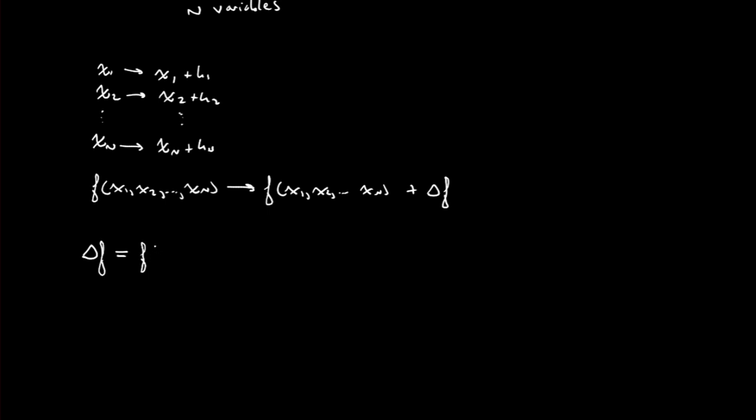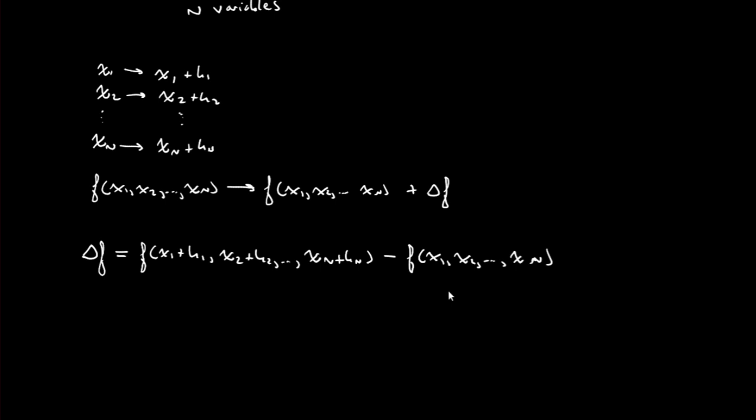So it's going to be where we ended up, f of x1 plus h1, x2 plus h2, all the way up to xn plus hn, and of course minus our start point, which is f of x1, x2, all the way up to xn.